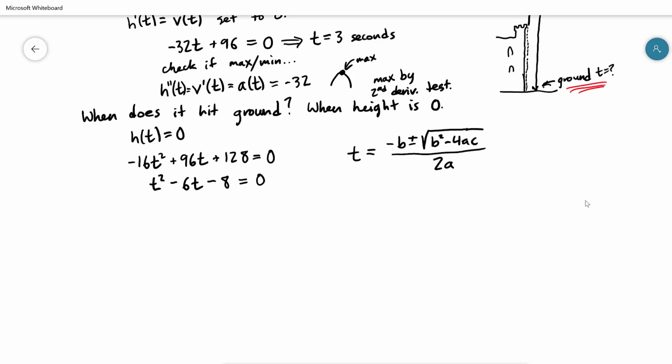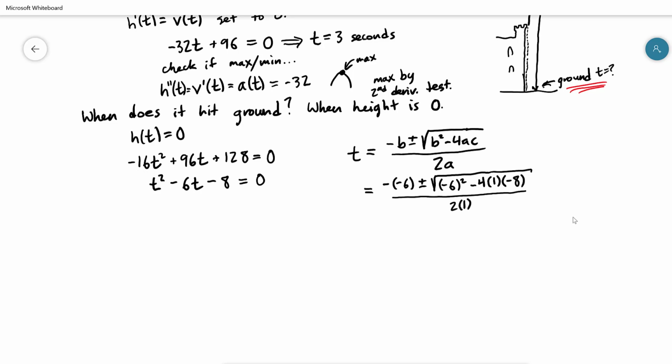So for us, what we're going to get is negative b, so negative 6, plus or minus the square root of that negative 6 squared, there's my b, minus 4 times a, which is 1, times c, which is negative 8. All of that over 2a, which is just 2 times 1. So those are the 2 values.